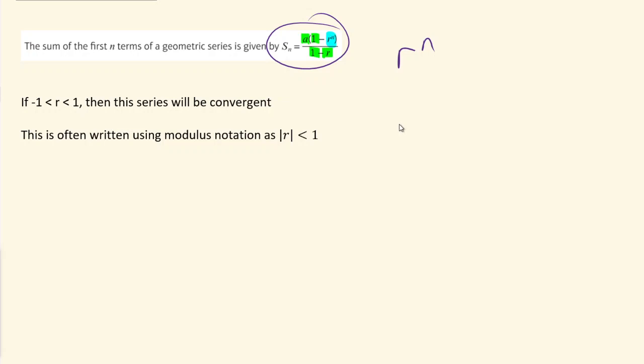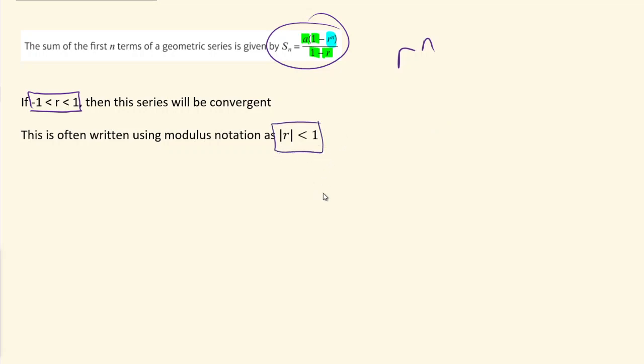Hopefully you will remember that if the base is between 1 and -1, then as the power gets bigger, the value of this term gets smaller and smaller. If our base is between 0 and 1 or -1, then that term decreases as the power gets larger. In fact, we tend to write this using modulus notation.